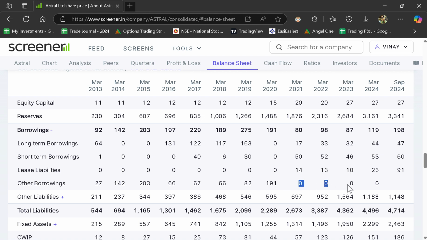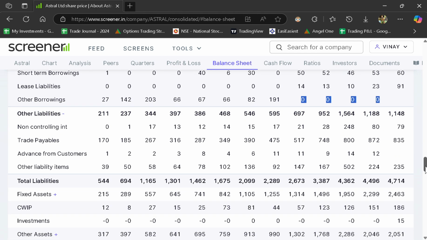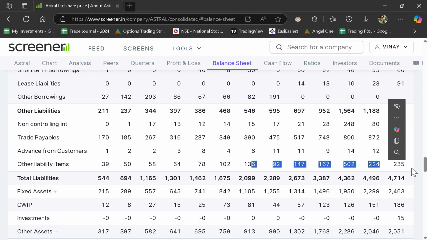In this case, it has now become zero. And there is other liability also, and the interest on that, trade payables. This is what the company has to pay to its suppliers, and some customers have given advances. So this is reflected in advance, and other liability is given.